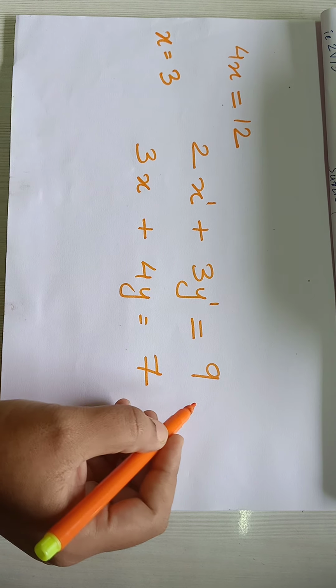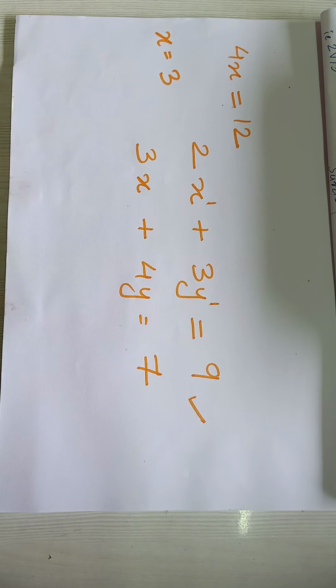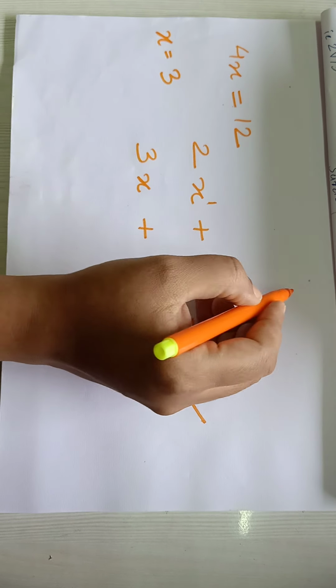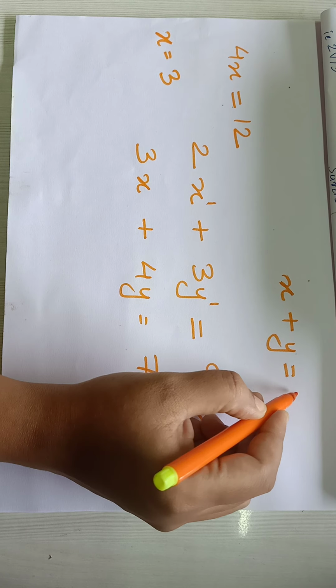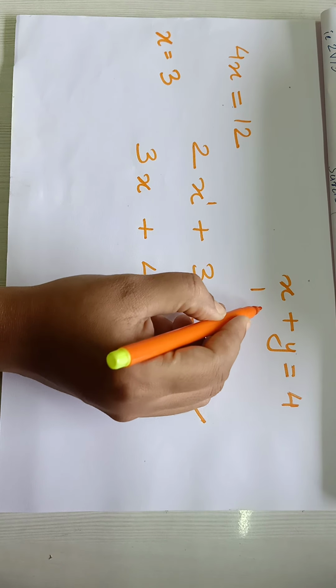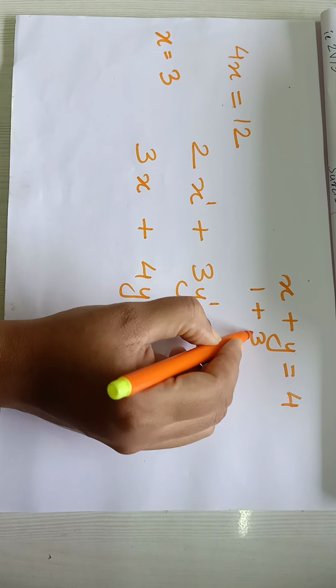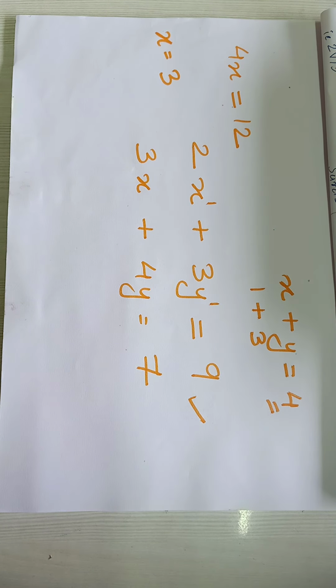Whereas when you have an equation like this in which you have two variables, x and y are supposed to take a value, and x and y can take any values. Let's take a simple equation, x plus y equal to 4. If x is 1, y can be 3, so that 1 plus 3 we get answer 4.